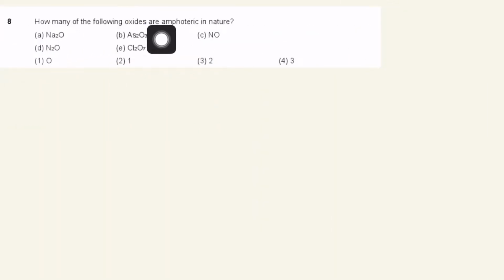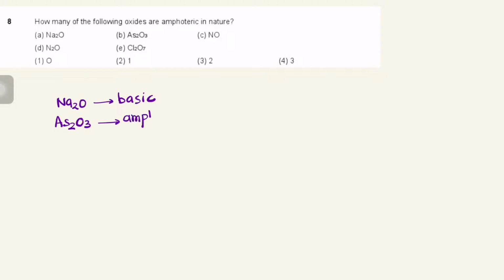Now, how many of the following oxides are amphoteric in nature? So Na2O is basically alkali metal oxide, so it is highly basic in nature. As2O3 and Sb2O3, these arsenic oxides and antimony oxides are basically amphoteric. NO, N2O, these all are neutral, and CO, so neutral.